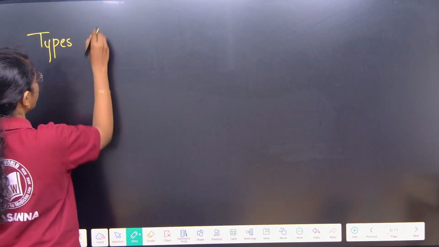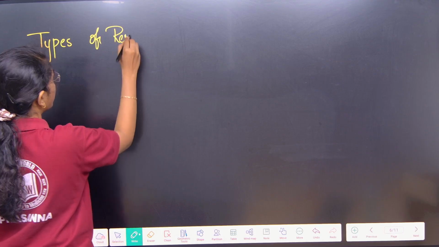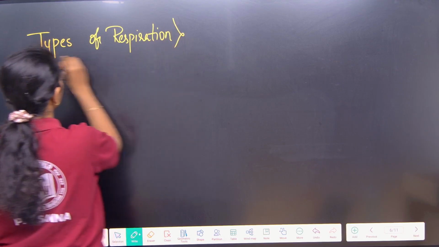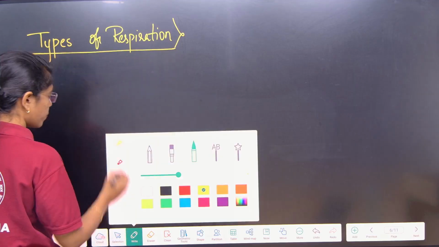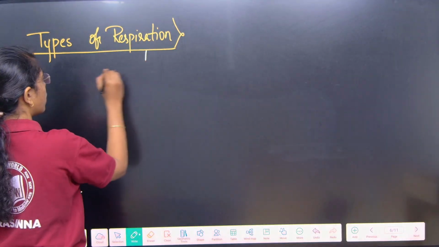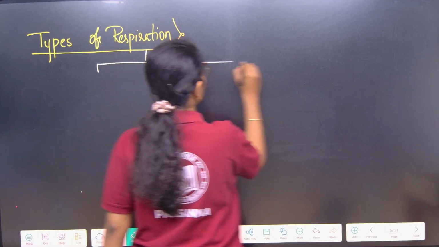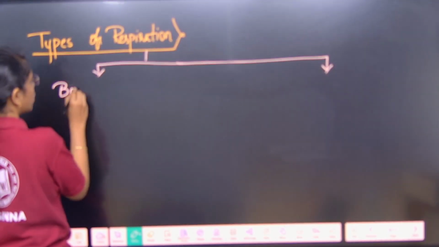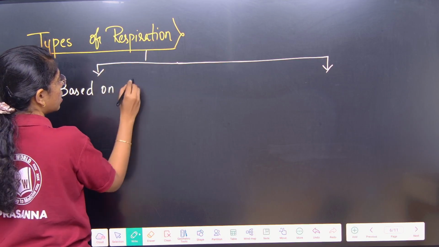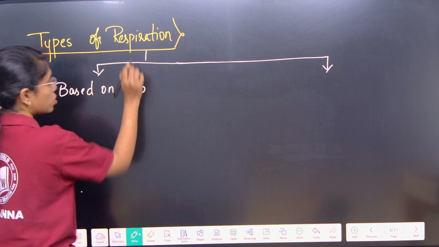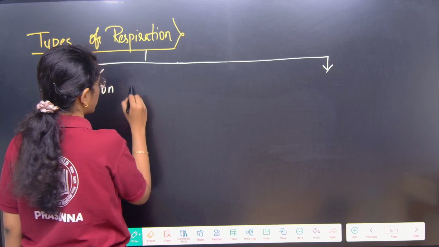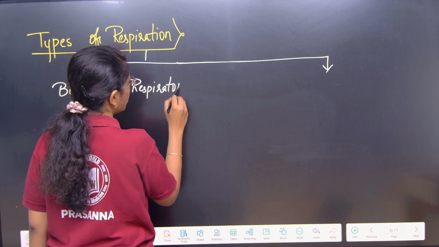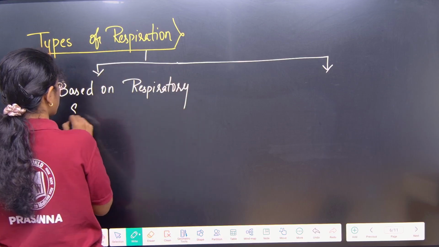Types of respiration. We have two types of classification. One is based on respiratory substrates.